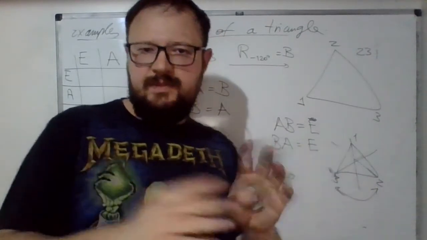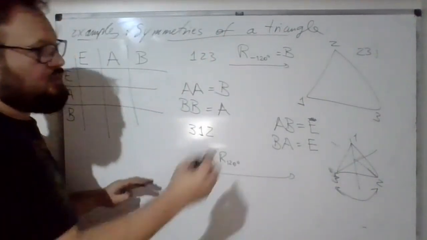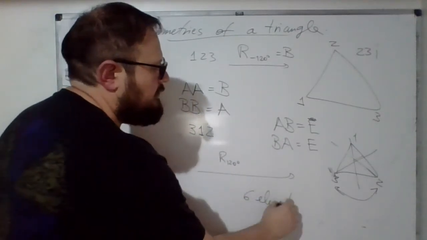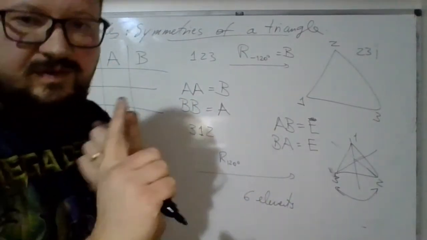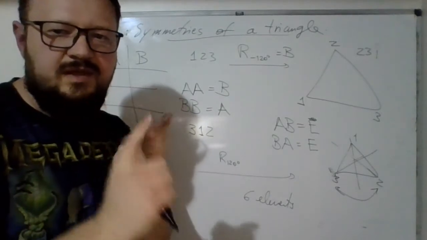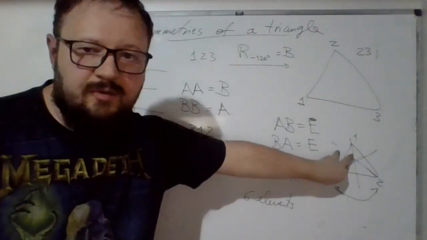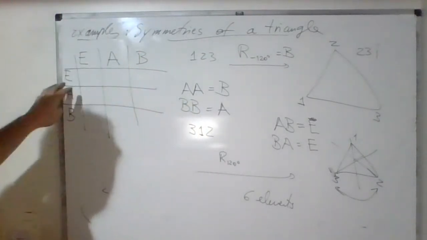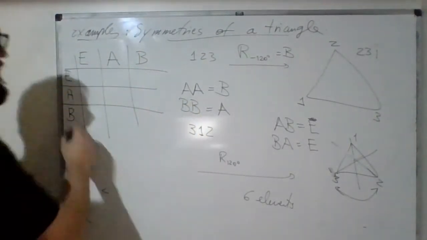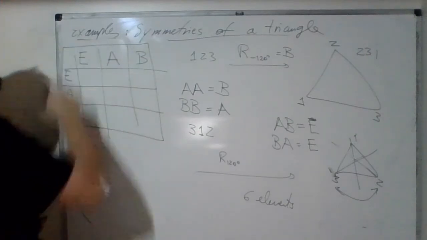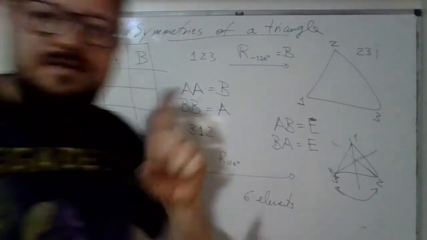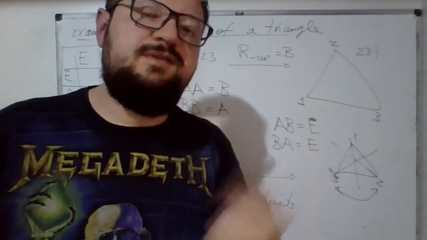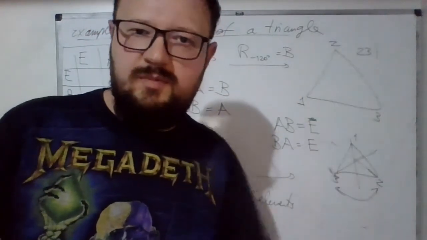You can expand this group. The group of the triangle has 6 elements, okay, which is the rotation A, rotation B, 3 mirror planes, and the identity. So there are 6 elements, but I'm here just making the multiplication table for the rotations. The rotations of a triangle form a group, a subgroup of the major group of the triangle.